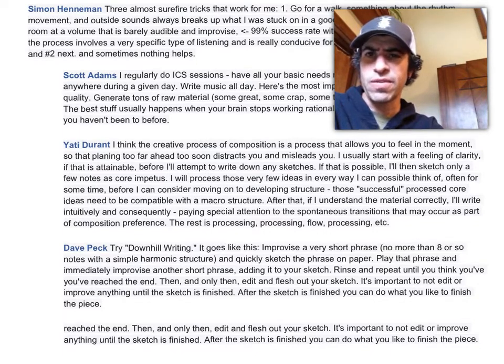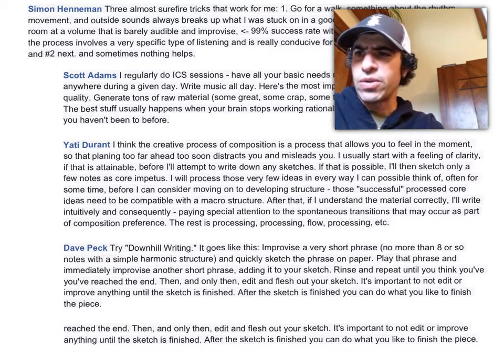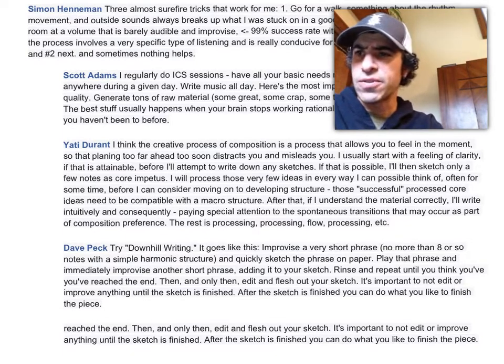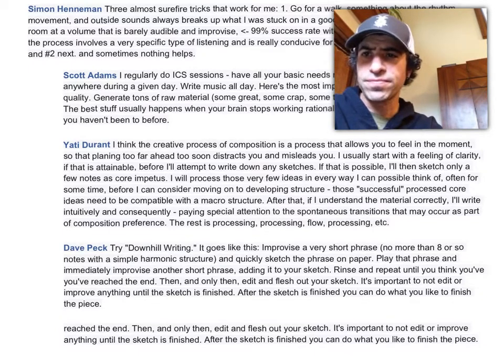I usually start with a feeling of clarity, if that is attainable, before I attempt to write down any sketches. If that is possible, then sketch only a few notes as core impetus. I will process those very few ideas in every way I can think of, often for some time before I can consider moving on to developing a structure.